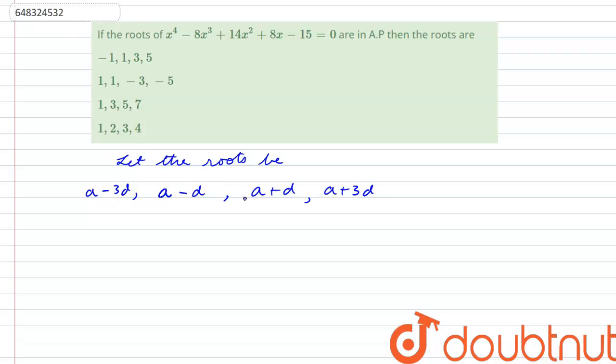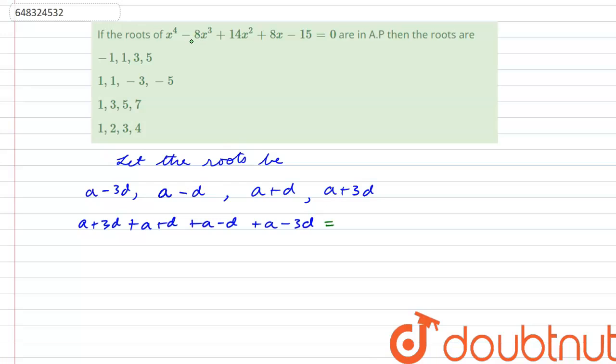So if these are the roots, then we know that the sum of the roots is A plus 3D plus A plus D plus A minus D plus A minus 3D. This is the sum of the roots. We know that the sum of the roots for any polynomial equation is equal to minus B by A, where B is the coefficient of the second highest power of the variable.